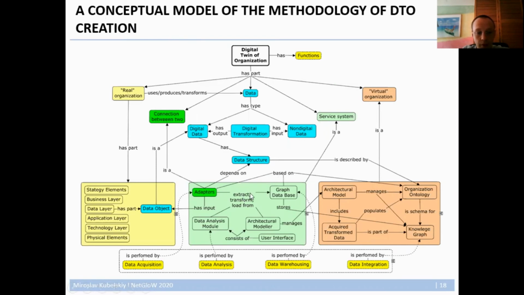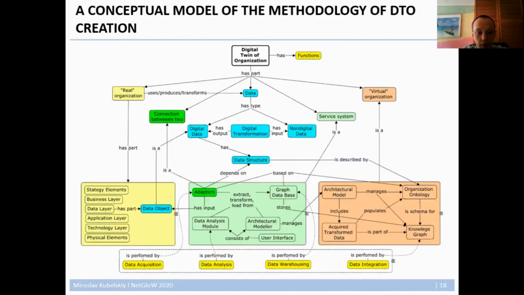First of all, we can consider 5 necessary structural elements of the DTO: real organization, connection between the two, data, service system, and virtual organization. A color codification has been introduced for each element and aspects of the methodology relevant to it.